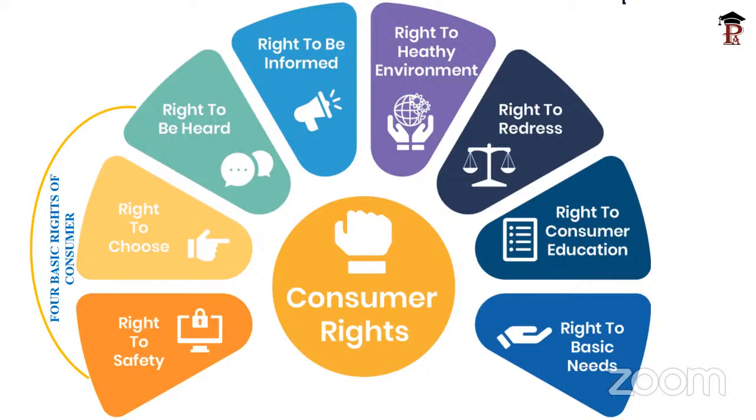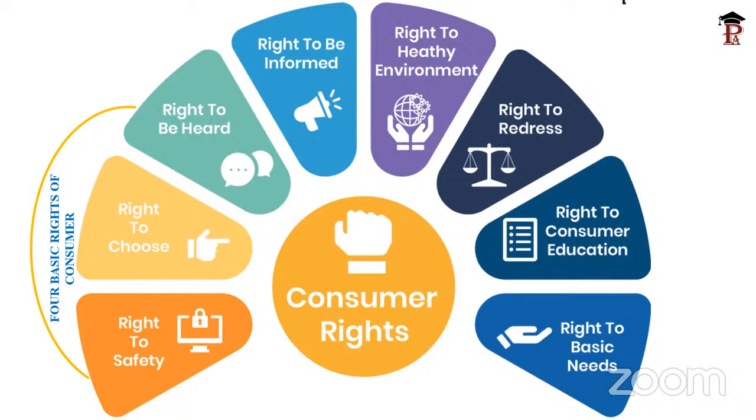This could involve repair, replacement, refund, or the company should pay for the damage to the other person. So if the product has any issue, the company should address that. Let me give a good example.